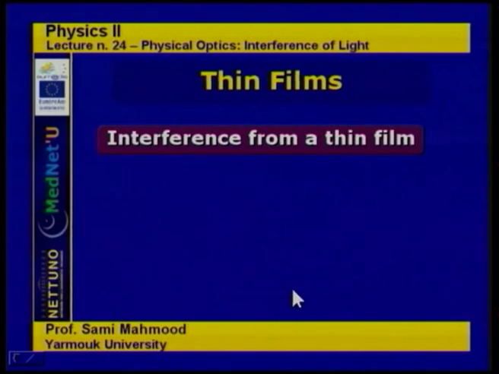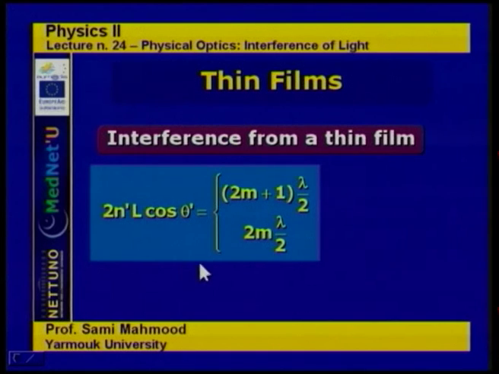And if we put in the value of φ and move the π to the other side of the equation, we have 2n'L cosθ' equal to (2m+1)λ/2 for constructive interference.